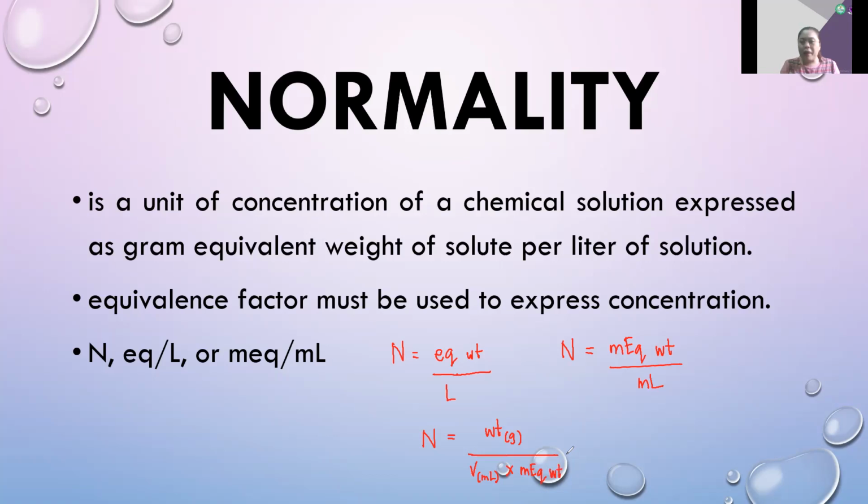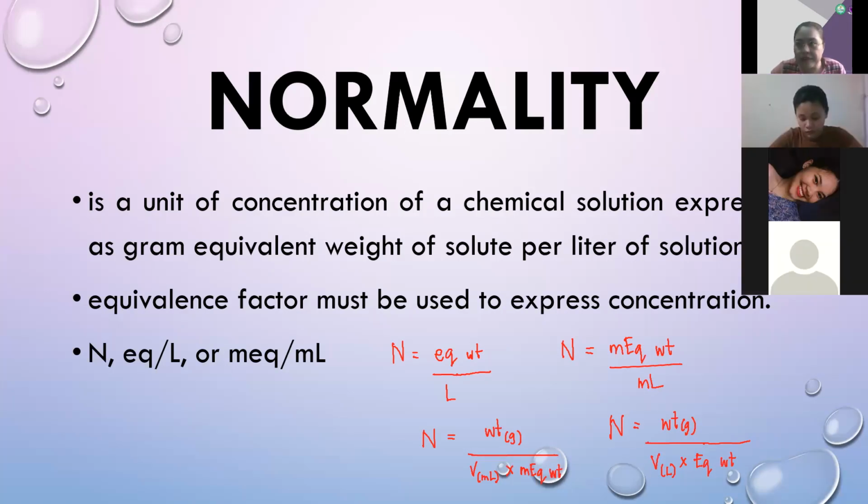Marami tayong formula. Pakikopya na lang muna yung formula natin. Or pwede din, normality is equal to weight in grams divided by volume, this time in liters, times the equivalent weight. So yung tandaan nyo lang, kapag ang volume is in ml, ang partner niya ay milli-equivalent weight. Pero pag liters, ang partner niya ay equivalent weight. Okay?